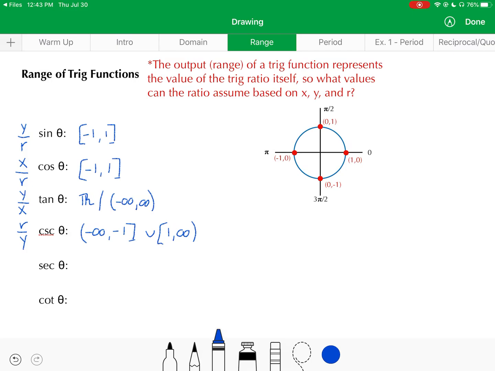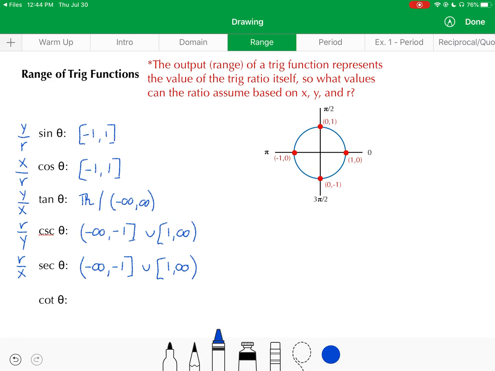Okay, so notice that's got the exact opposite range as what the sine function did. It's going to be the same for the secant function, r over x. Sometimes r and x will be the same, but other than that, x will be smaller than r. So since x is in the denominator, this is going to result in a value that's either smaller than -1 or larger than +1.